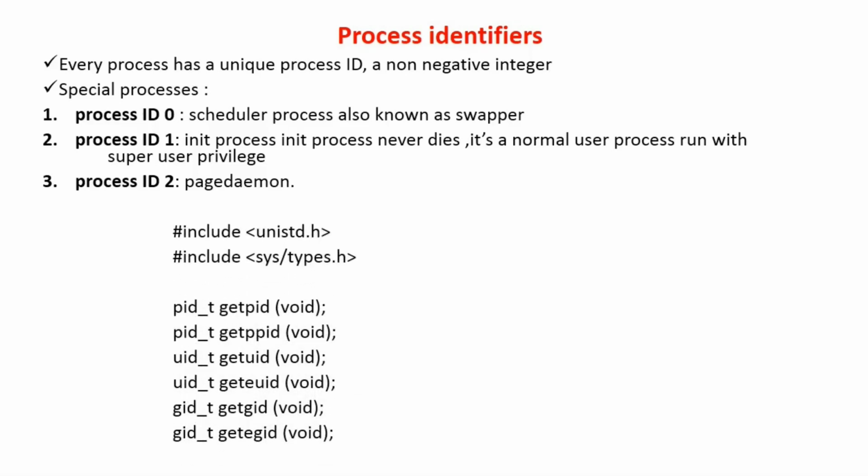Okay, so here there are different functions available. Using these functions, you can get all the process IDs available in the Unix system.